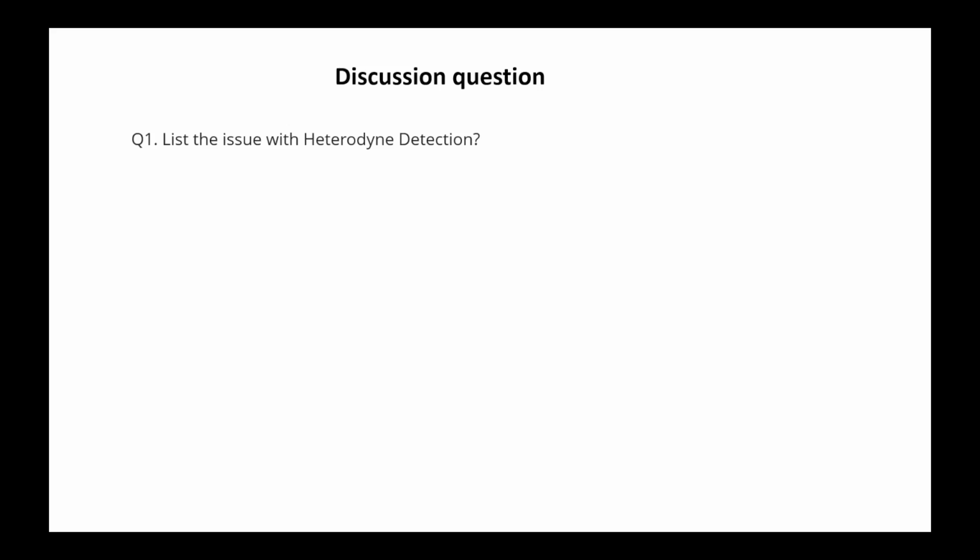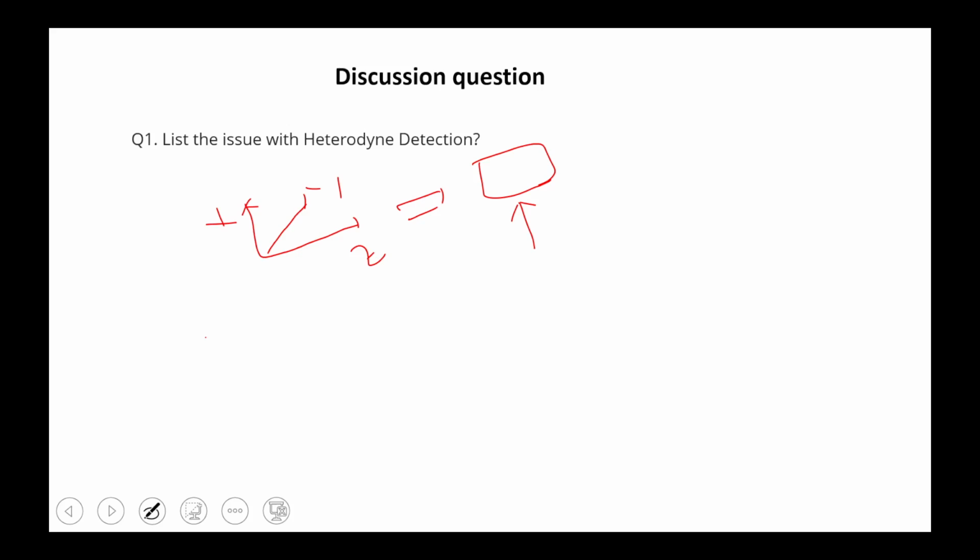What is happening in this case? Let's say we have one signal. That signal is fed to a beam combiner, an optical component, along with a local oscillator, and they are combined.